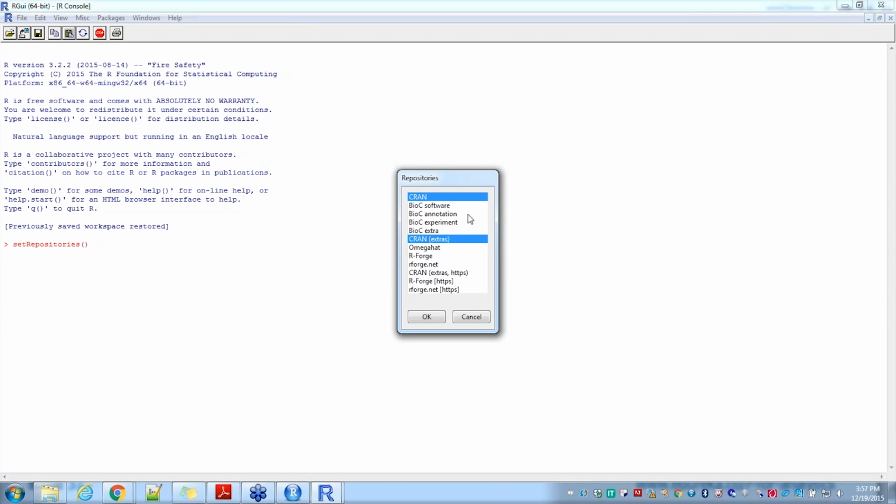And you have a number of them from a biochemistry or a clinical trial standpoint, which starts with the bio world. So you also have another such repository of packages, which has packages which are very specific to the medical industry. If you know that a particular package is available there, then you need to have the selection point to that particular repository, and you can download from there. Okay.